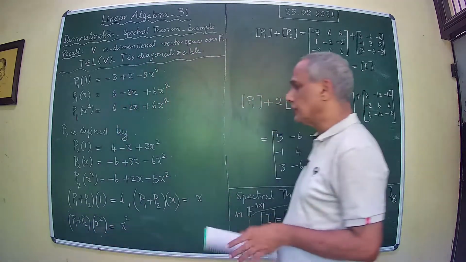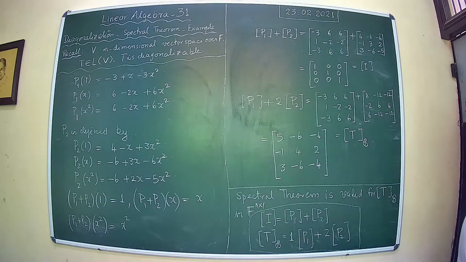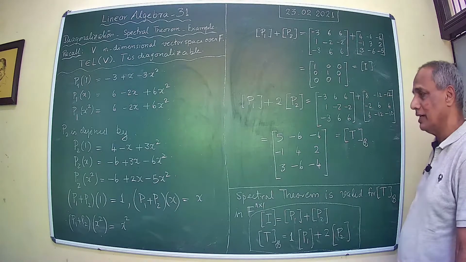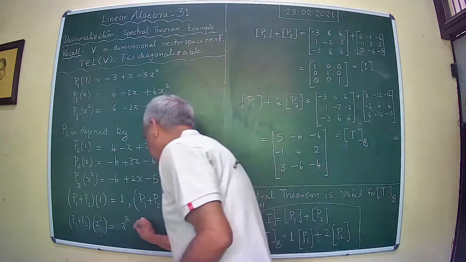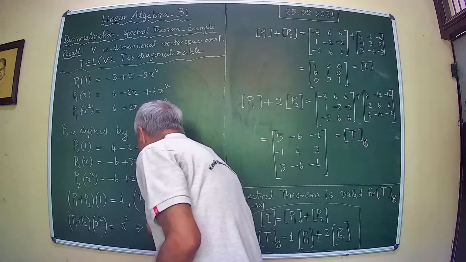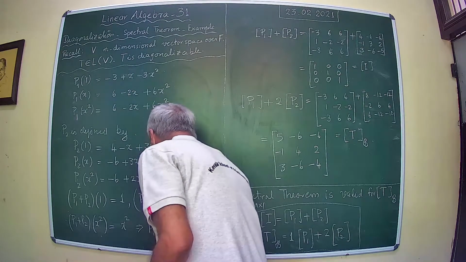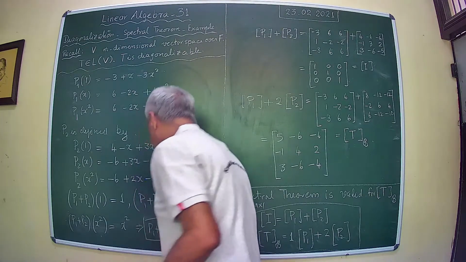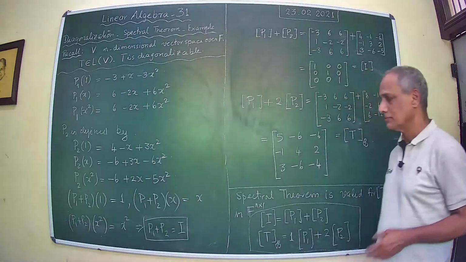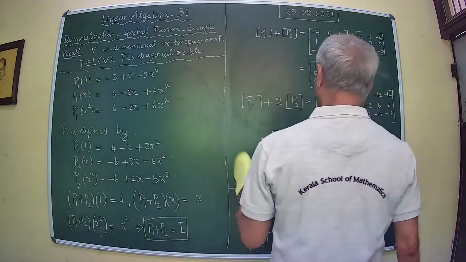So P1 plus P2 has the property that it maps 1 to 1, x to x, and x square to x square. Therefore, P1 plus P2 equals the identity on the polynomial space. Okay? So it's the right interpretation.